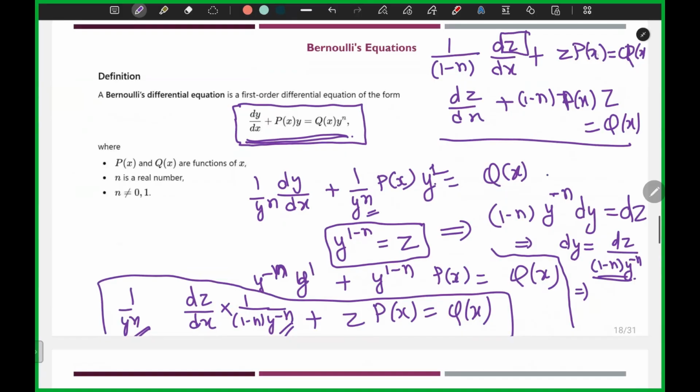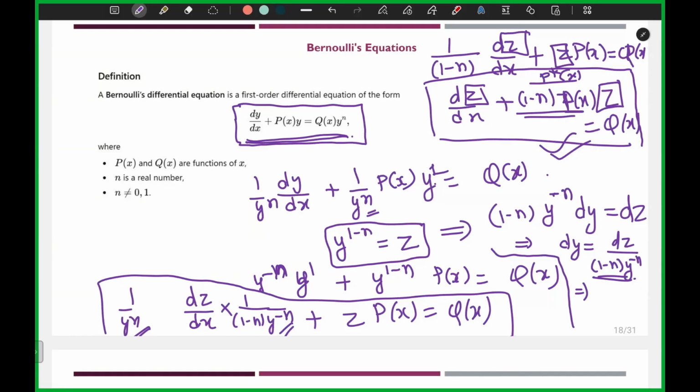So this is some new function, p star x, equal to q(x). Again you have to follow the same procedure that we did earlier to get the solution of this differential equation. This much part is clear to all of you?